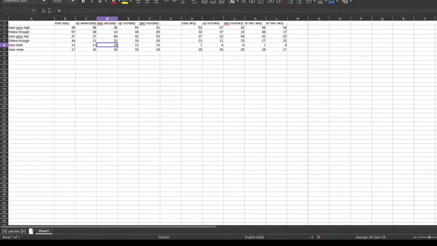34.56. Although if I put 34.57, it probably wouldn't matter. If we close above, how many times do we close above? Clear that filter. 27%. How many times do we close below?